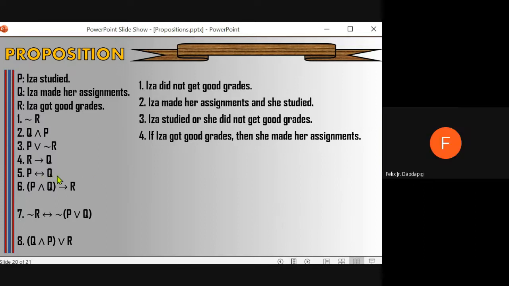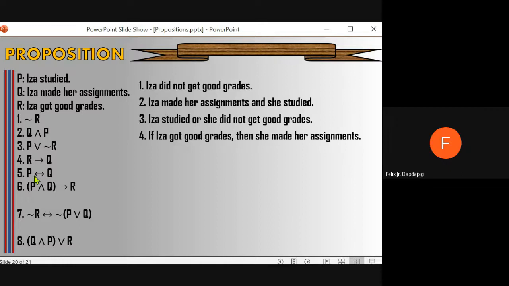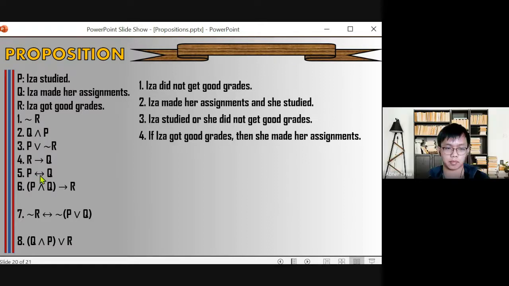Isa studied and she got... Isa studied if he made... What? Isa studied or Isa studied.